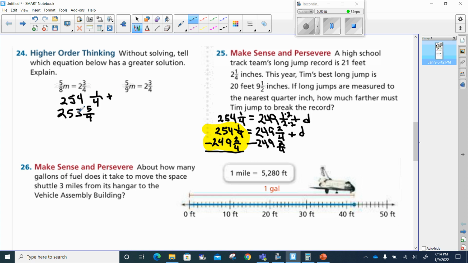Because I subtracted one here. So it's like taking this and adding it to 4/4, because any number over itself is 1. So 1 plus 4 is 5. Now I can subtract it from 249 and 2/4, because 5 is bigger than 2.